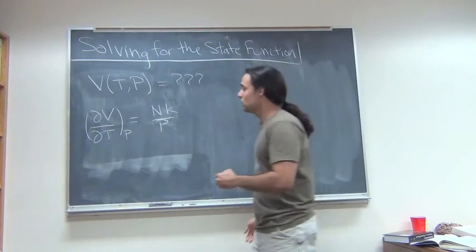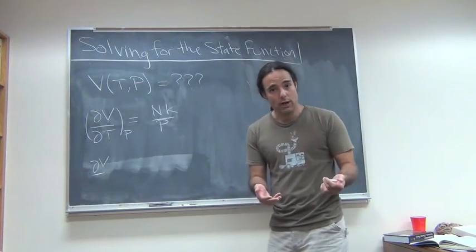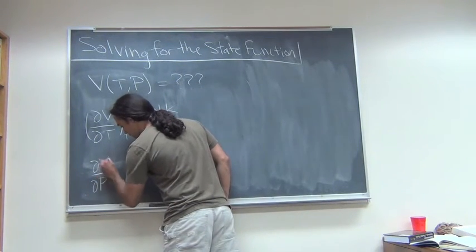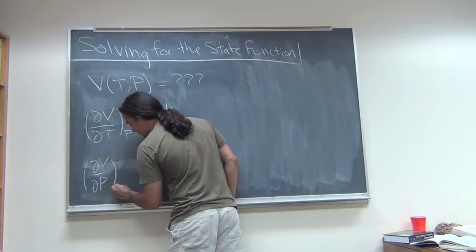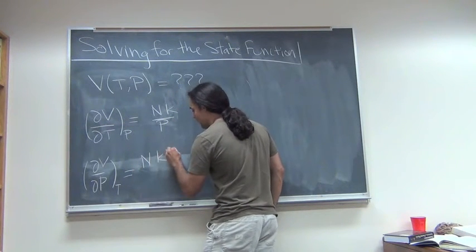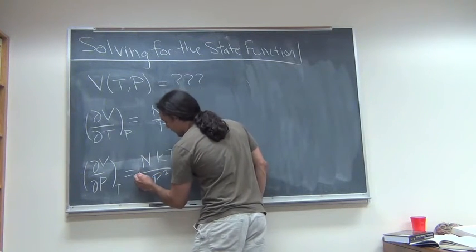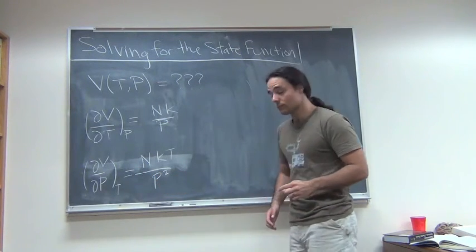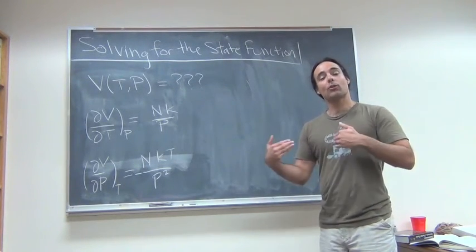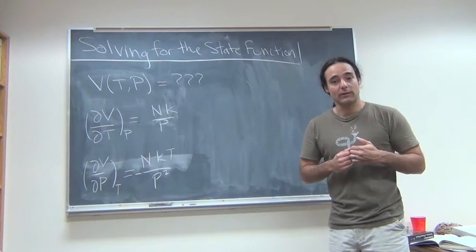We also know how the volume changes as you change the pressure if you keep the temperature constant. And what you find is something that looks like this: NkT over P squared, with a negative sign. How can I use this information to figure out what the volume is as a function of temperature and pressure? All I have are the partial derivatives.